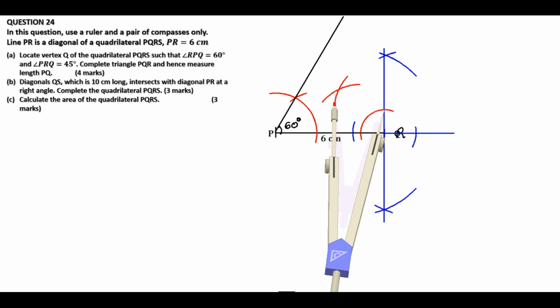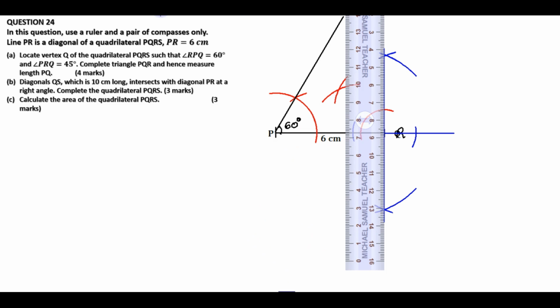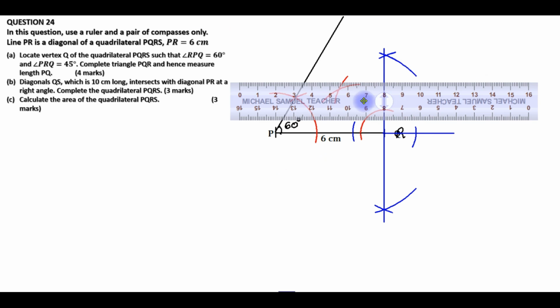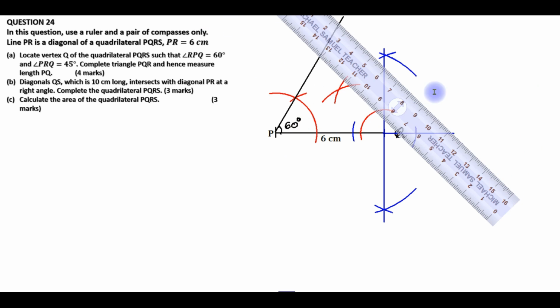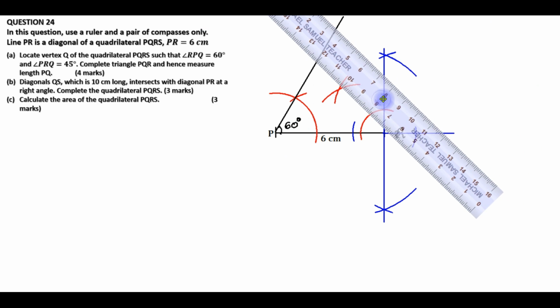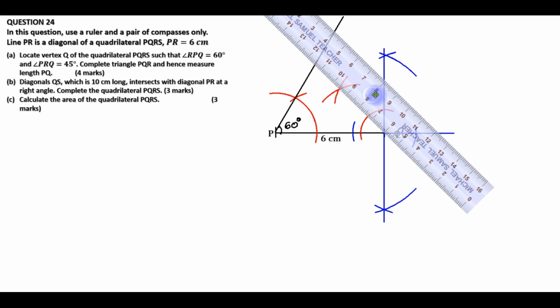Once I do that, I take the ruler. So I'm going to construct or draw the line so that it joins.